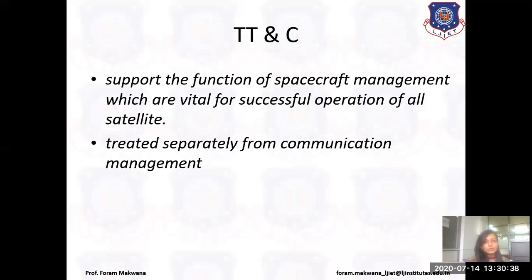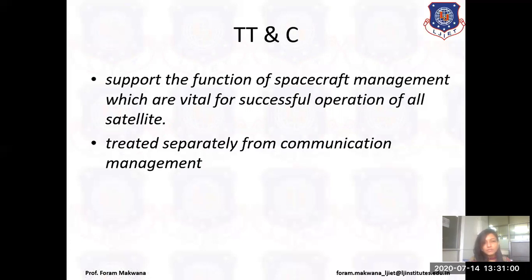Now, what do you mean by telemetry, tracking, and command system? TT&C is abbreviation of telemetry, tracking, and command. Now, what is the function of TT&C system?